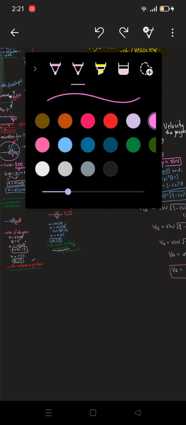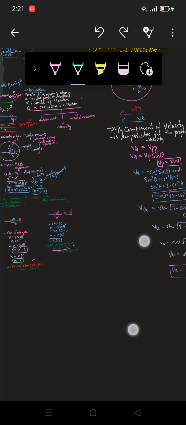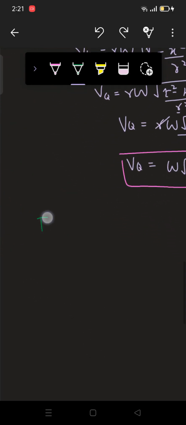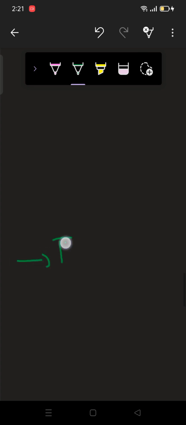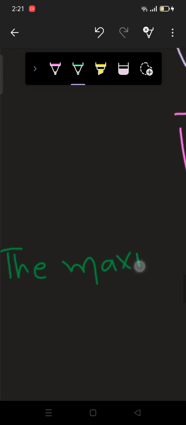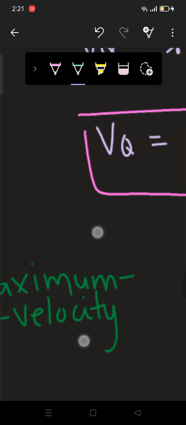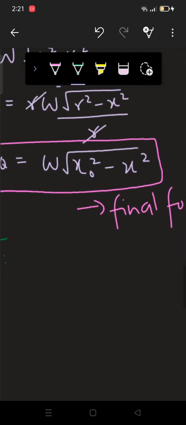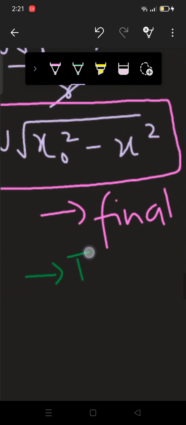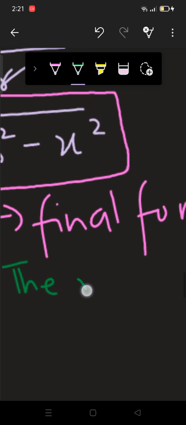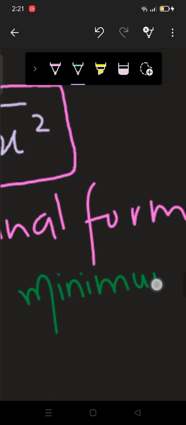So what we are going to study today is the maximum velocity and the minimum velocity.